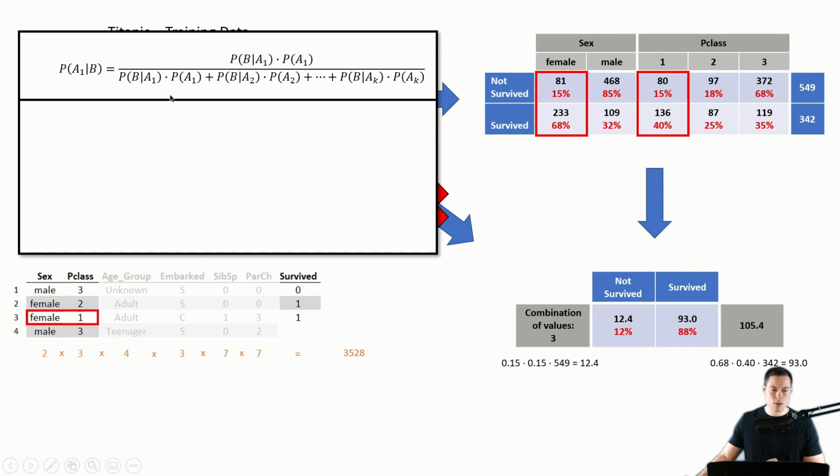So this is what it looked like, and this is the general form, and we need this formula to calculate those respective probabilities here. So let's now use it to calculate the probability that, given we have the combination of values from test passenger 3, that passenger did not survive.